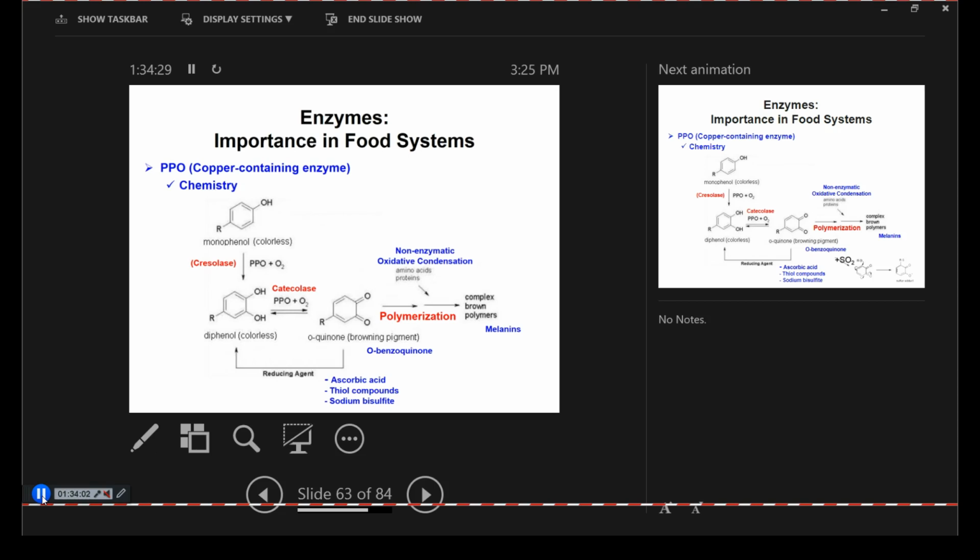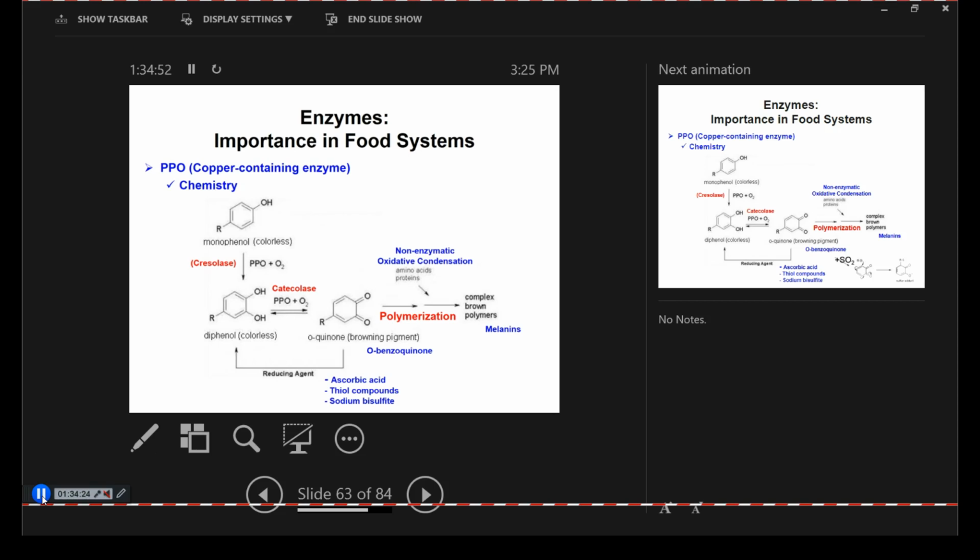The quinone is the starting compound that leads to polymerization with amino acids and proteins to form complex compounds or polymers, melanin. This polymerization reaction is non-enzymatic, it's simple oxidative condensation.